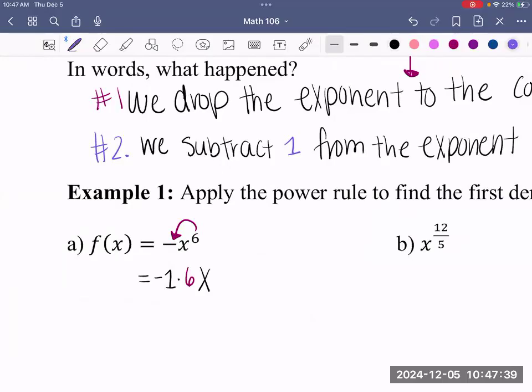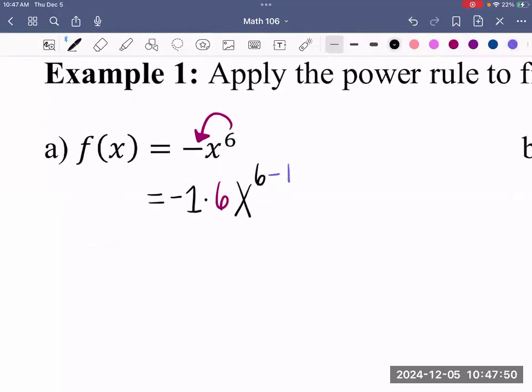Step 2 says we subtract 1 from the exponent. It used to be 6, and now we subtract 1. Now we just clean it up. We have negative 6x, and 6 minus 1 is 5. This is now your first derivative, f prime of x.